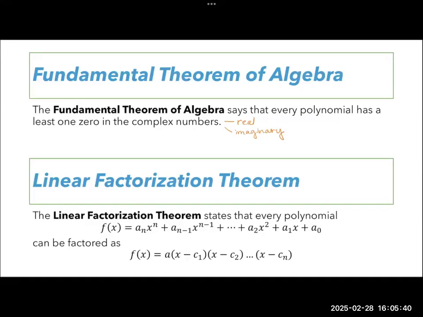So the fundamental theorem of algebra is telling us that there's always at least one zero, and the linear factorization theorem is telling us that we can use those zeros to come up with factors and rewrite the polynomial in a factored form.